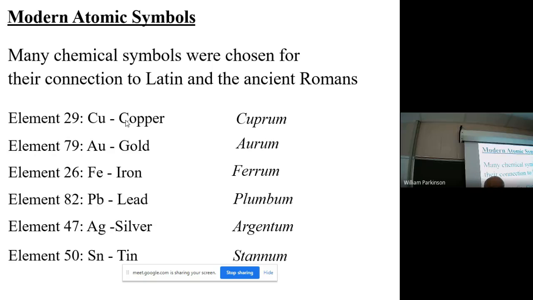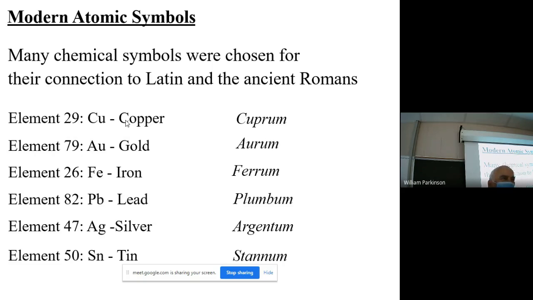So I got to tell the story of plumbum. Plumbum is lead, and what plumbum was used for in ancient Rome was there was plenty of it around, and it turns out it was very durable, very heavy, very sturdy, and also very malleable and formable.